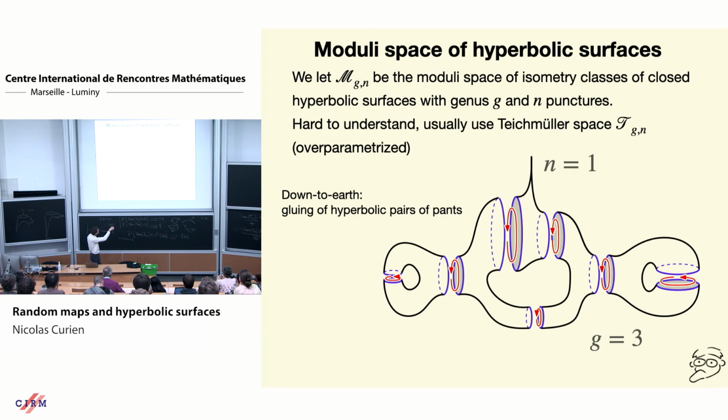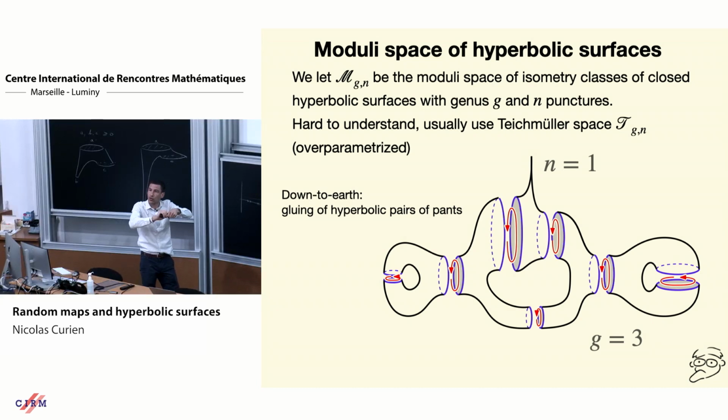This belt length is the same as this one, and so on and so forth. You can glue these pants according to this length. But you also have a parameter here to decide to twist a little bit your pants before gluing them together. And after the gluing, what you get is a hyperbolic surface. And all hyperbolic surfaces can be obtained that way.